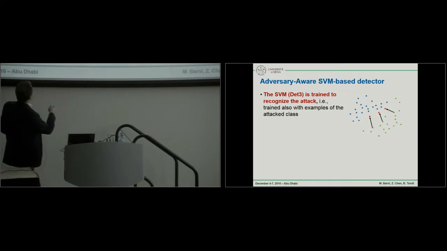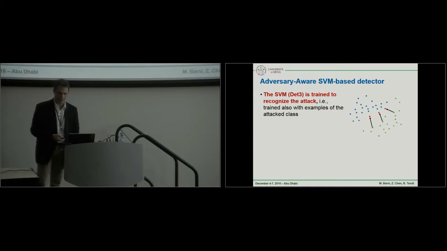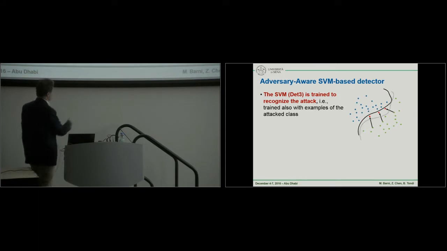Why not train the classifier so as to be able to recognize attacked images too? Because I can suspect what the attacker does, I could train my classifier to recognize these images as well. So this is what I'm going to do.